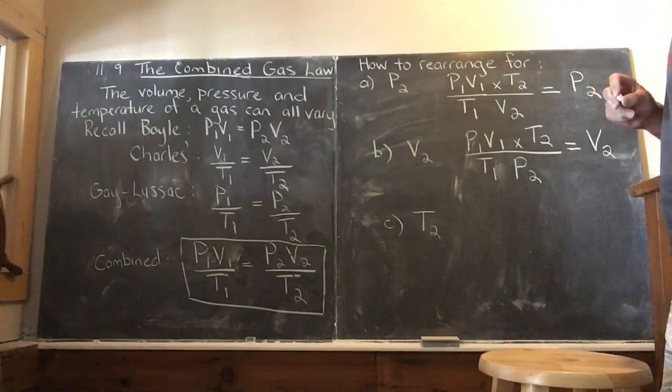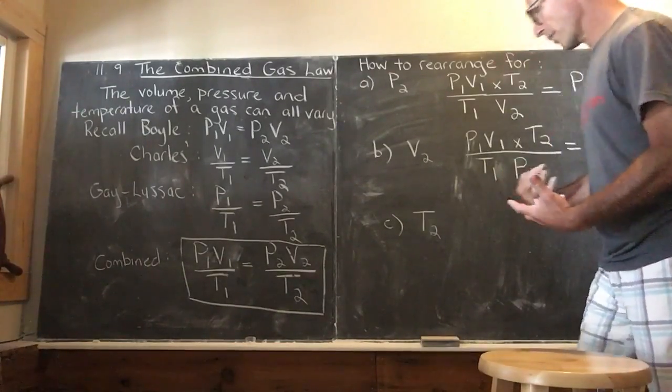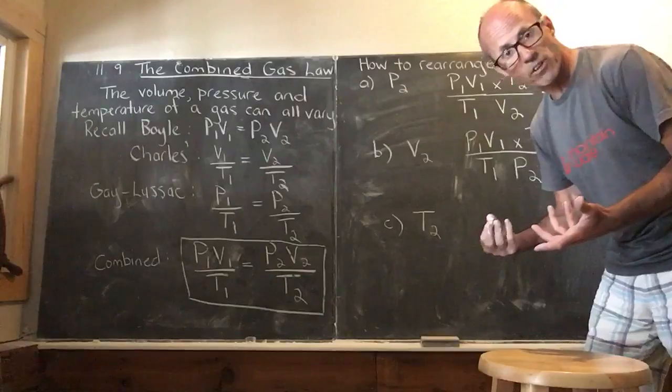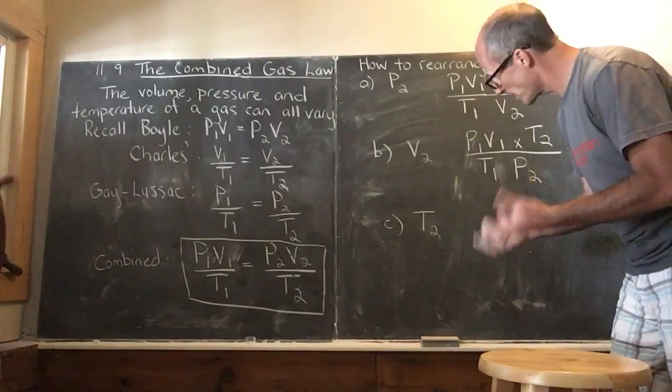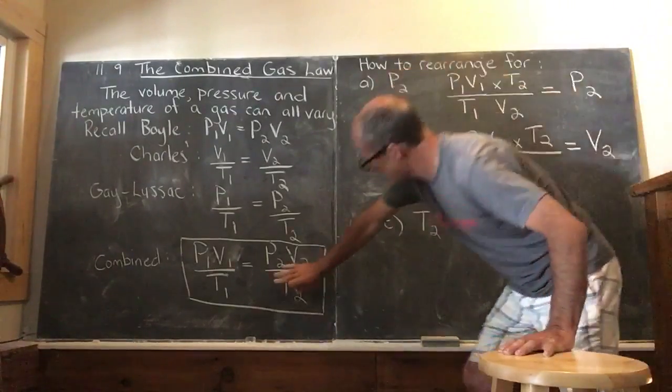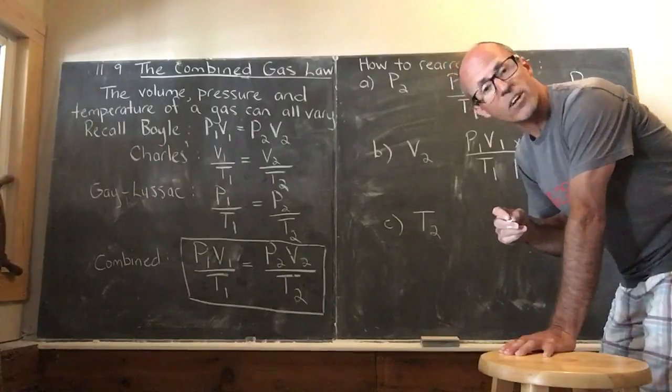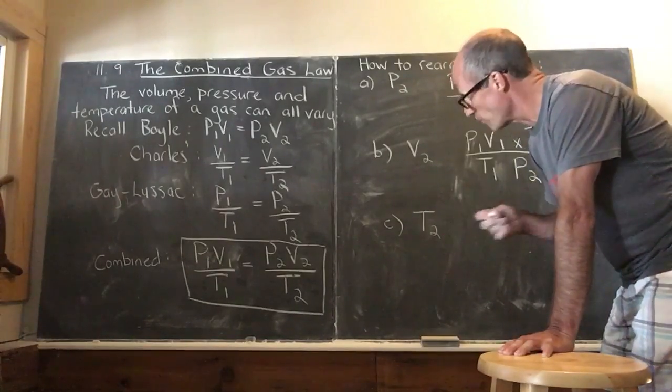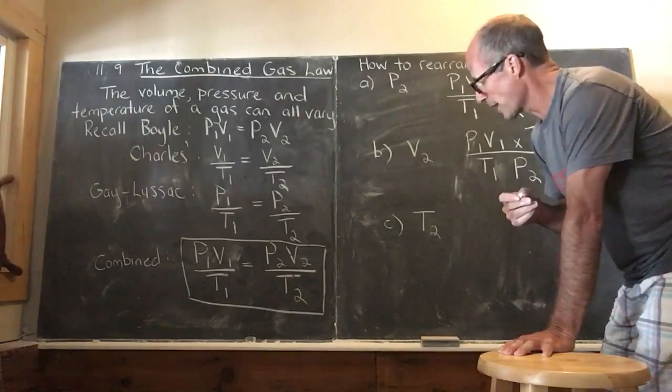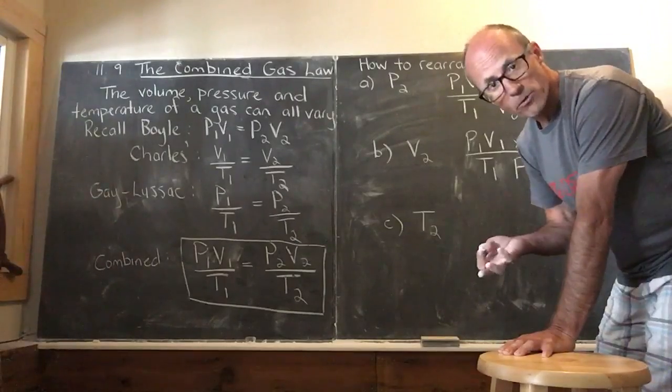So that makes sense. Now, one might argue that finding a temperature is the hardest of the three. The reason for that is that it is in the denominator. It's on the bottom. And there are many ways to do this, but what I recommend is to cross multiply.